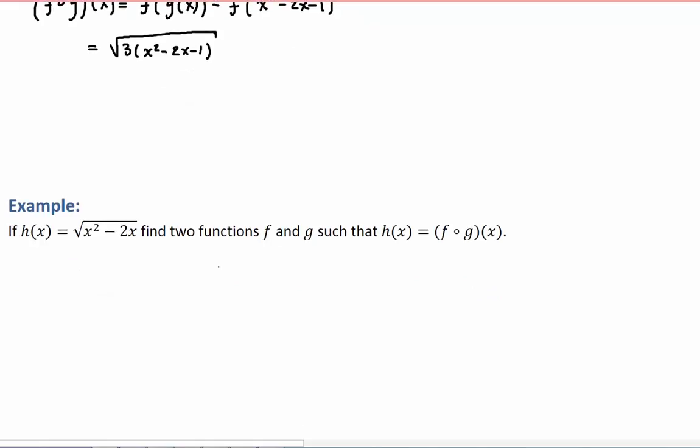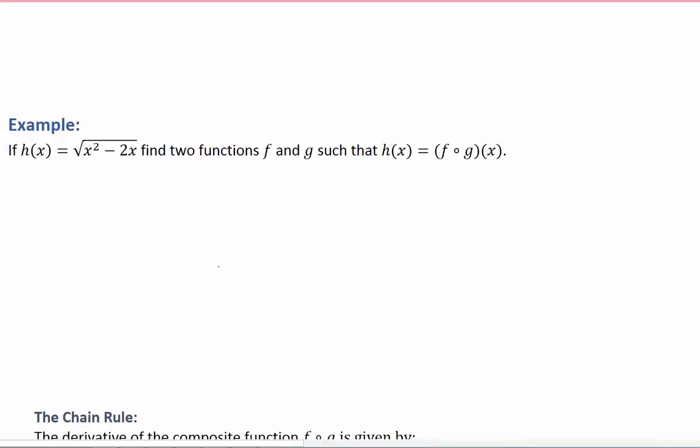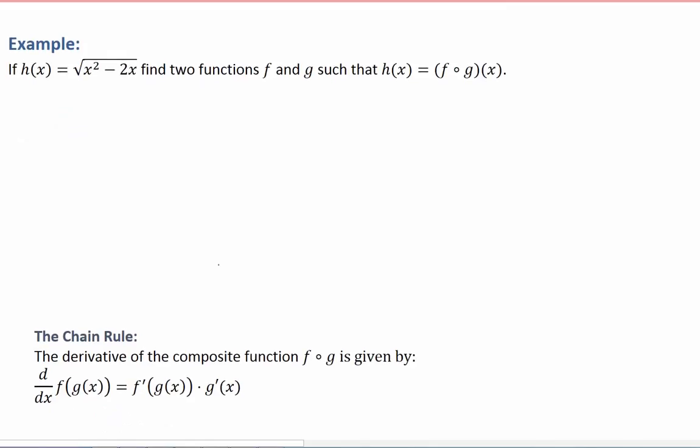But to actually calculate the chain rule, we need to identify the parts of a function. So for example, if you have the function h of x being square root of x squared minus 2x, let's find two simpler functions f and g such that h of x can be written as the composition of them.